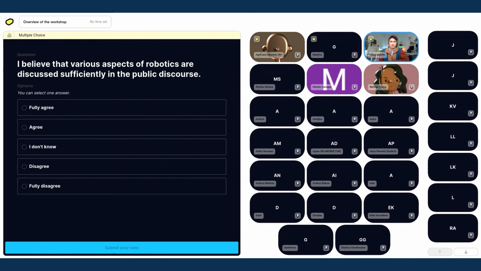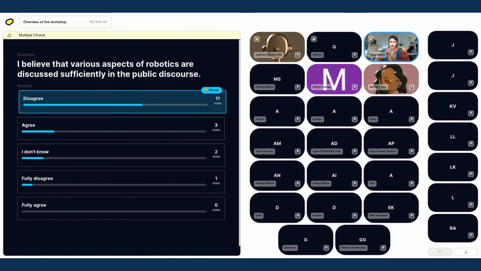Same picture as before, more or less. No, there are some who agree. Okay, 17 of us. Let's finish it. Disagree, as before, as I remember. We disagreed with that before too.